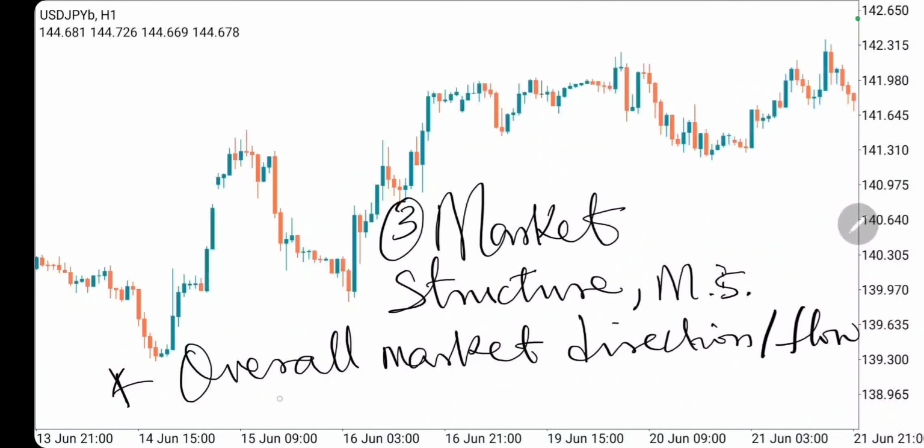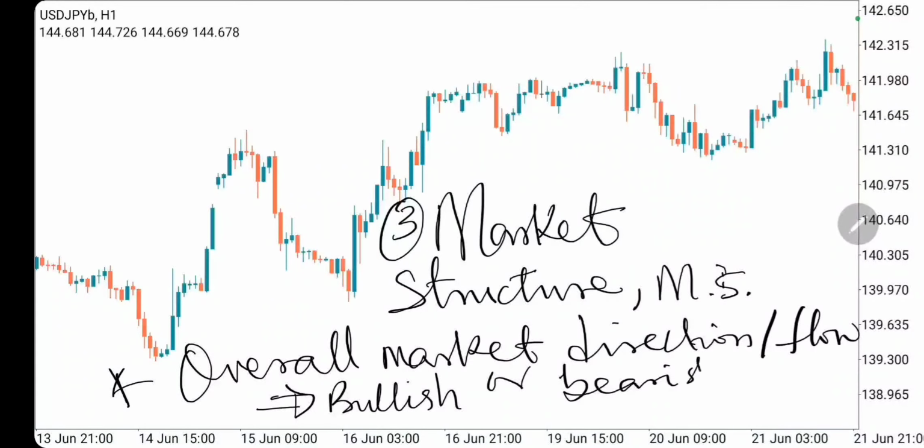Market structure can be bullish or bearish. So market structure actually refers to the overall market direction in a particular forex instrument or forex pair. So you can either have a bullish market structure or a bearish market structure.